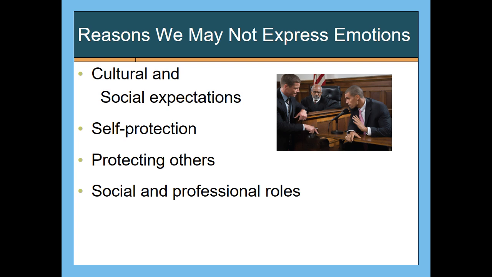So the first one is cultural and social expectations. I think it's pretty common, especially in American society, for men to feel like they have to be tough. And that's kind of starting to change a little bit. And it's definitely kind of a stereotypical thing to say, oh, a man shouldn't cry. A man needs to toughen up.